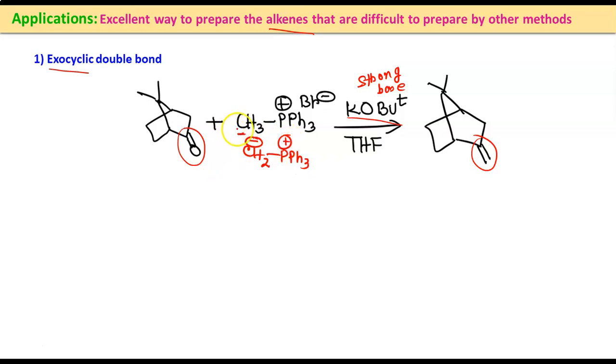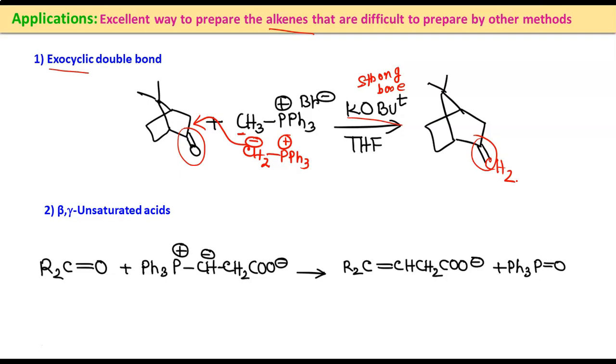So this CH2 minus will attack this carbonyl carbon, and the rest of the mechanism is as it is. The mechanism you can find in the original video of Wittig reaction, that is part 20. So here we are getting a CC double bond, and this is an exocyclic double bond.